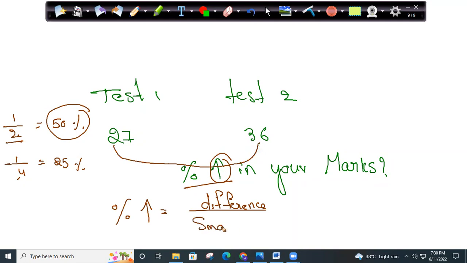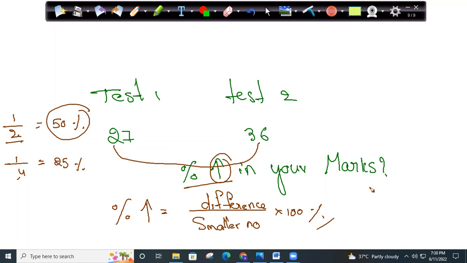So the smaller number. Whenever you are doing percentage increase, difference upon... I'm teaching in such a way that even a 95 year old person can understand. So try to understand and be focused here. If you want to find percentage increase, how can you find it? Difference. Difference means subtraction. Subtract the highest minus lowest, upon the smaller number, into 100%.